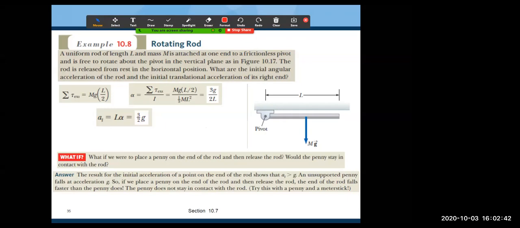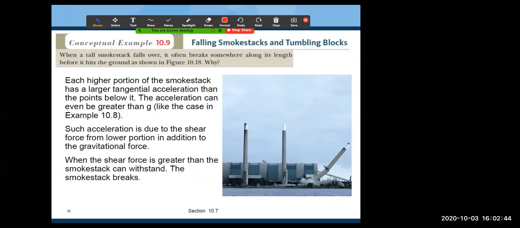So the chimney is falling down. At some point, the acceleration is even quicker than the acceleration due to gravity. So it would be a very large force, greater than the weight of the object. So this shearing force can sometimes be greater than the strength of the chimney, and it would cause it to break in the middle of the rod. So that is just one example.